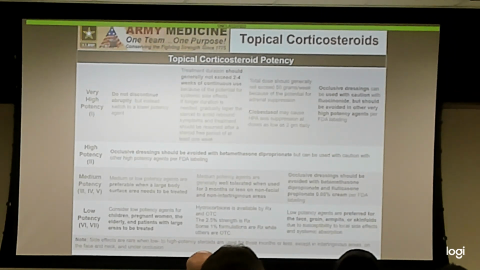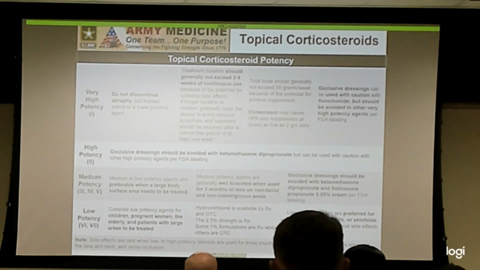When you see our total dose that shouldn't be exceeded in a week, no more than 50 grams of the medication in a week. With this, the problem is that when people have a tube or a lotion, it seems like it's not as harmful as them taking something by mouth, okay?